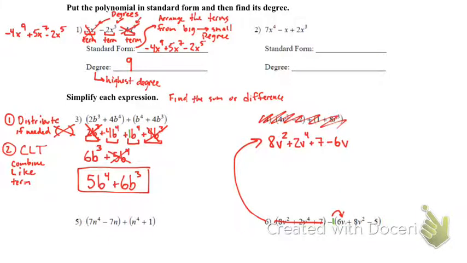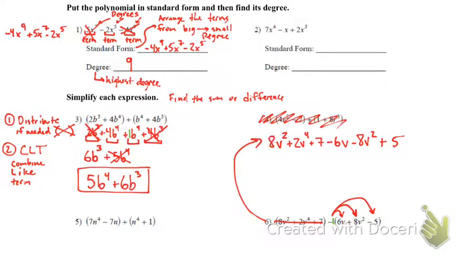So negative 6v, this negative 1 times positive 8v squared, that's negative 8v squared. And then negative 1 times negative 5 is positive 5. Okay, we are done with step 1.